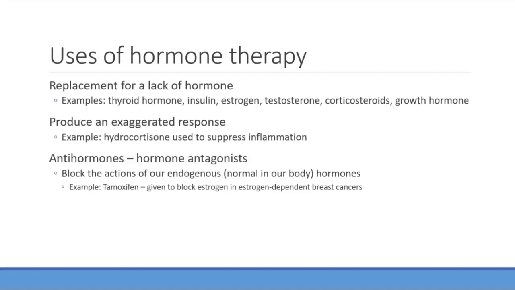And then the last use of hormone therapy are anti-hormones. And the place you might be most familiar with this is maybe if you've had a family member or friends of family members who have had estrogen dependent breast cancer, meaning their breast cancers actually rely on the hormone estrogen in order to make more of the tumor.